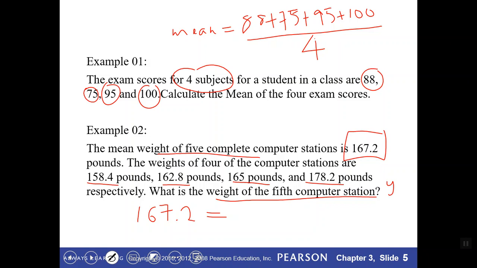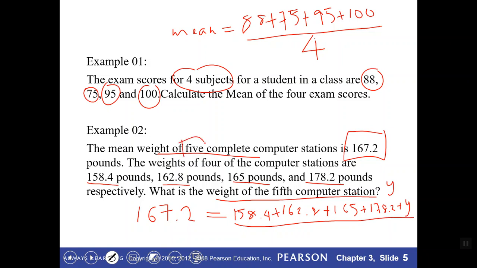So I can write the summation of the weights of these computers: 158.4 plus 162.8 plus 165 plus 178.2 plus y, the weight of the fifth computer, divided by the total number of computers.